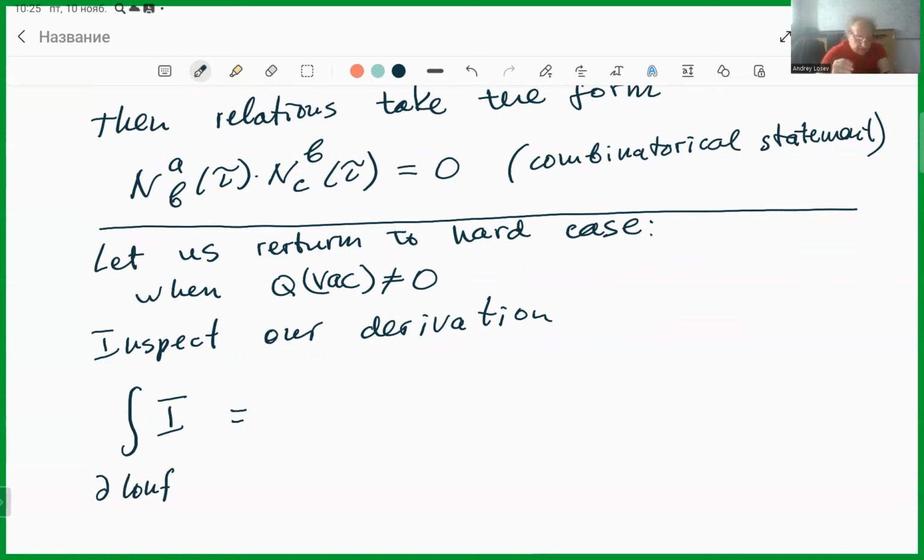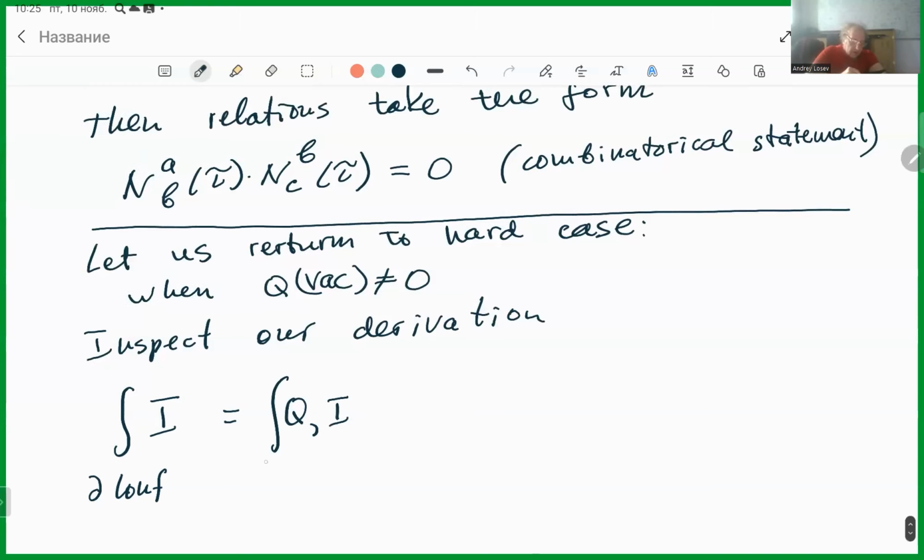However, we know what it is. It is Q applied to I, again integrated on the same space.